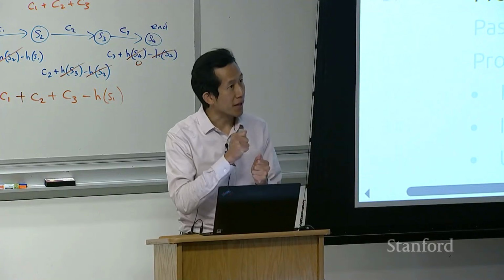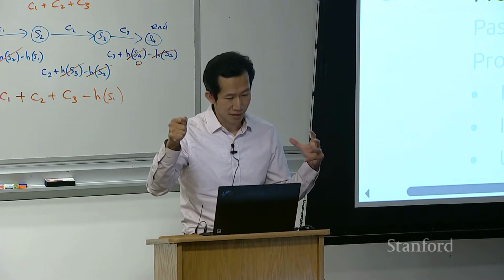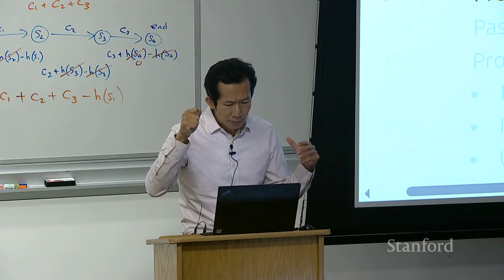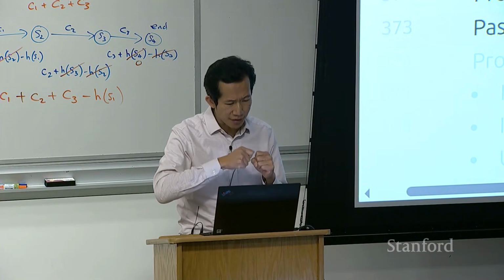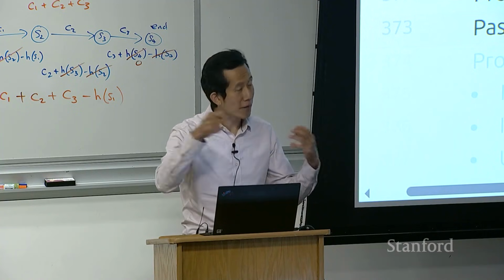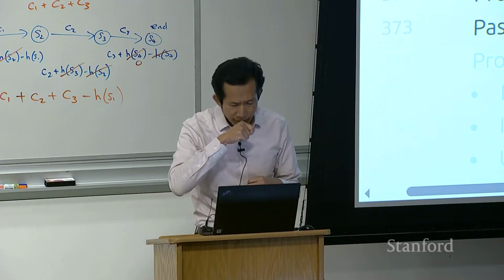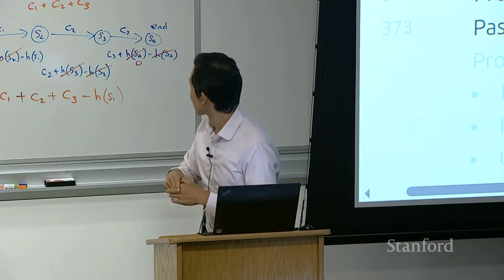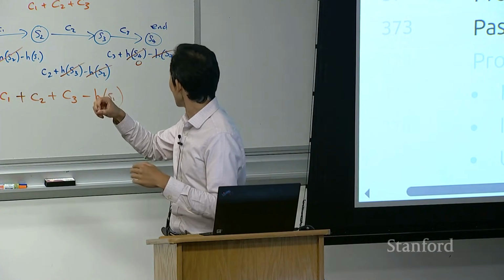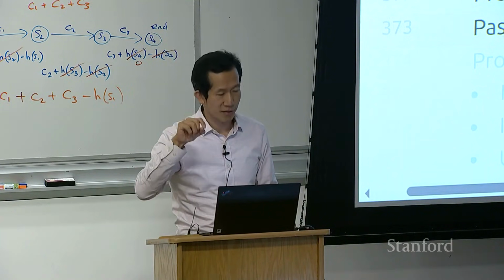Remember that UCS explores all states in order of path cost. And A star is going to explore all states in increasing modified path costs, which is going to be the path cost with the heuristic at S minus heuristic at the start.